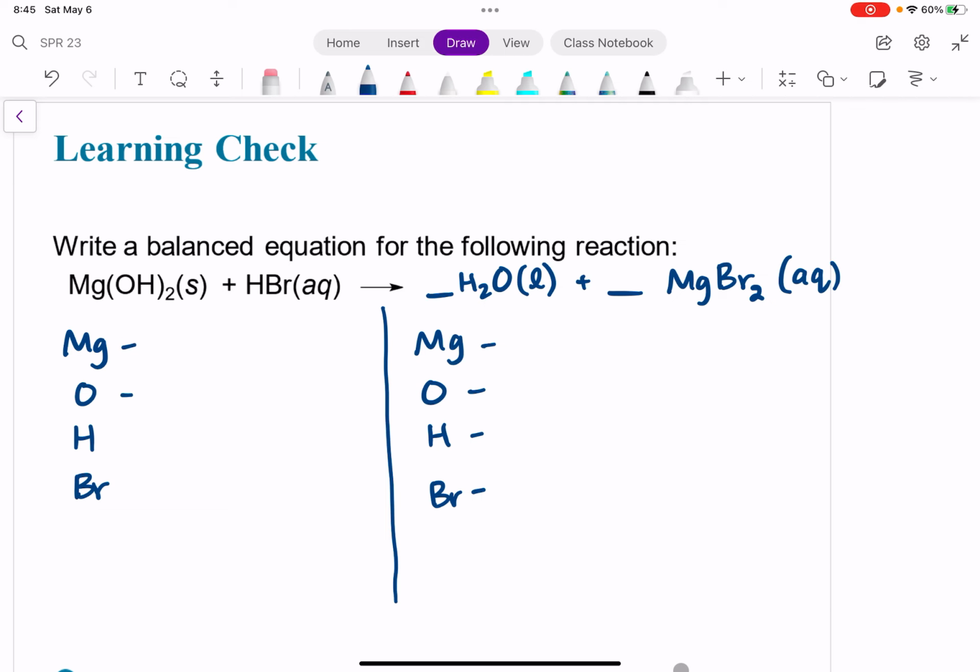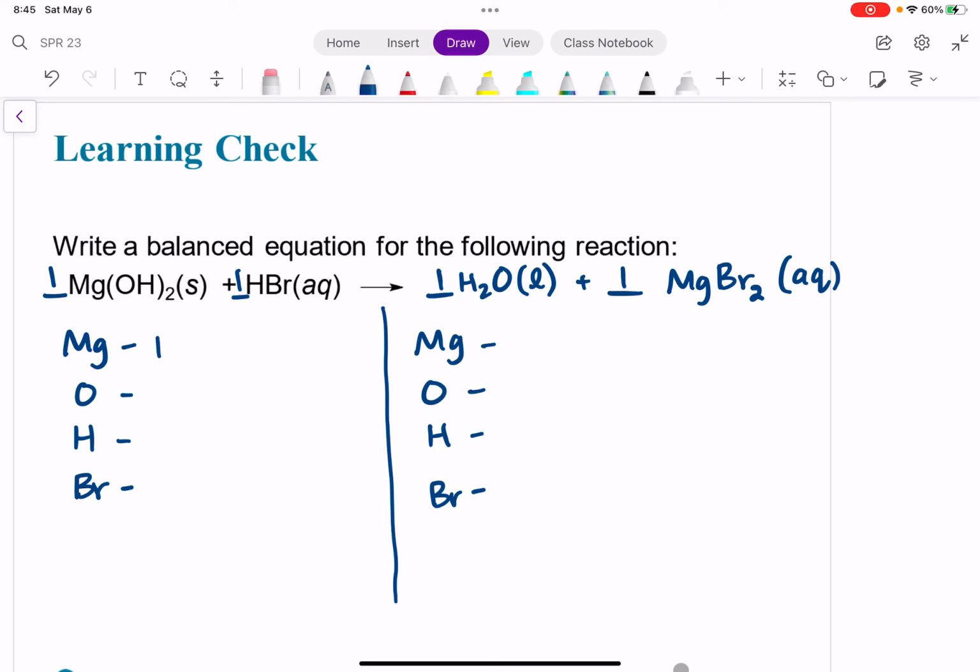So how many of each do I have, though? Let's see. All right, so I'm going to put an imaginary 1 in front of all of these right now. And let's see. So right now I have on the left side 1 magnesium. Okay, that 2 here is going to the O and the H, right? I have 2 OH minuses.